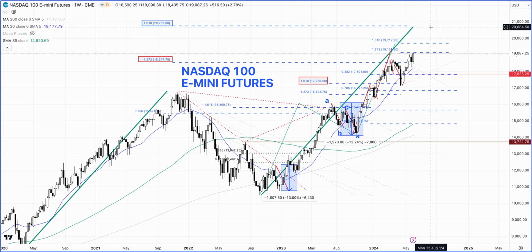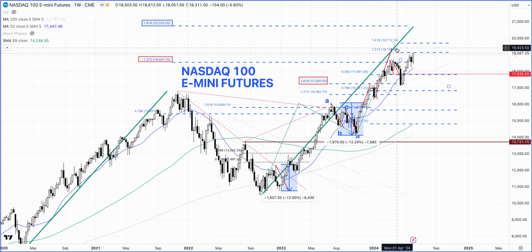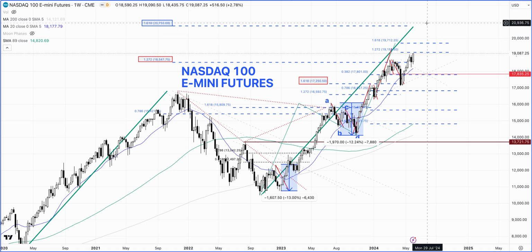And of course, there is a chance that this bigger ABCD might be extending. In strong bull markets, that tends to happen. And then we could have another ABCD where we already had an ABCD, which is pointing us to 19,400. We could have another ABCD, which could in fact see us moving higher as well. So there we go.